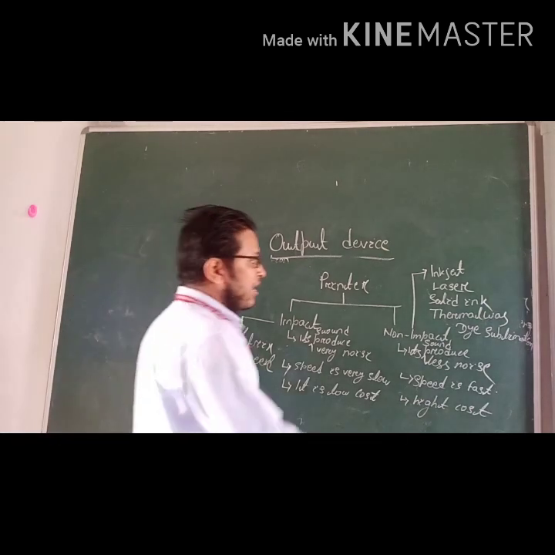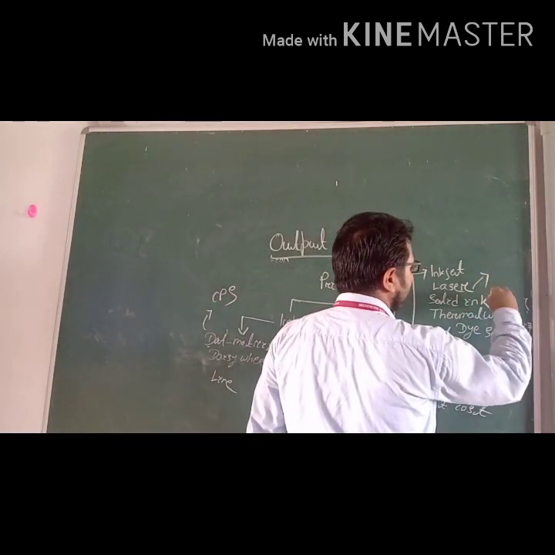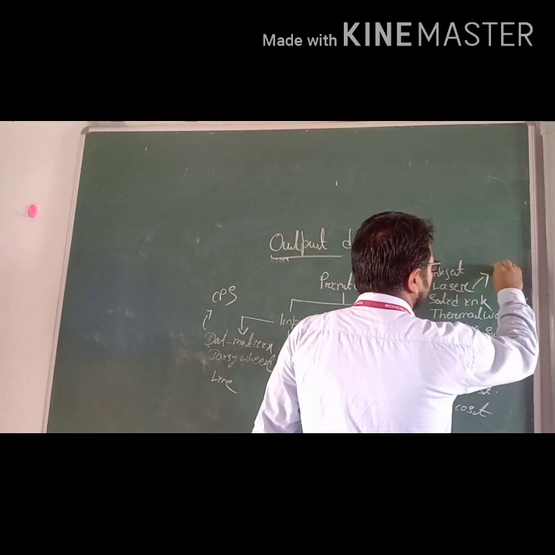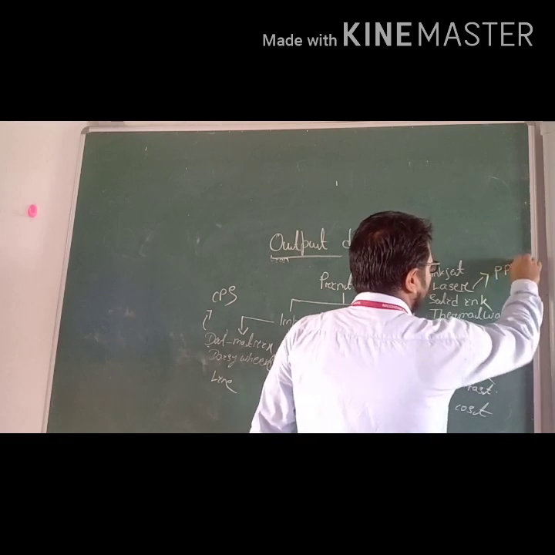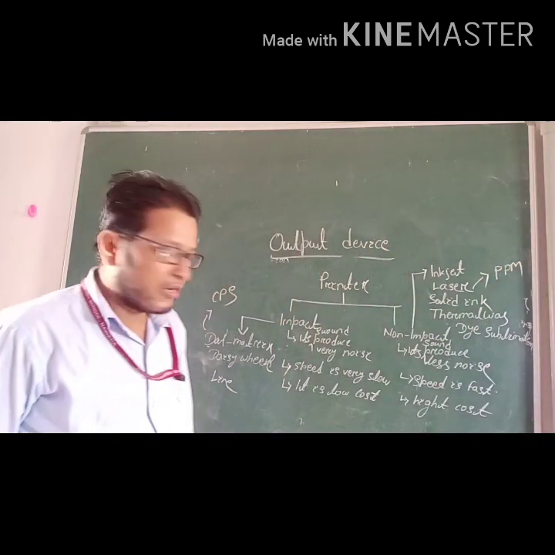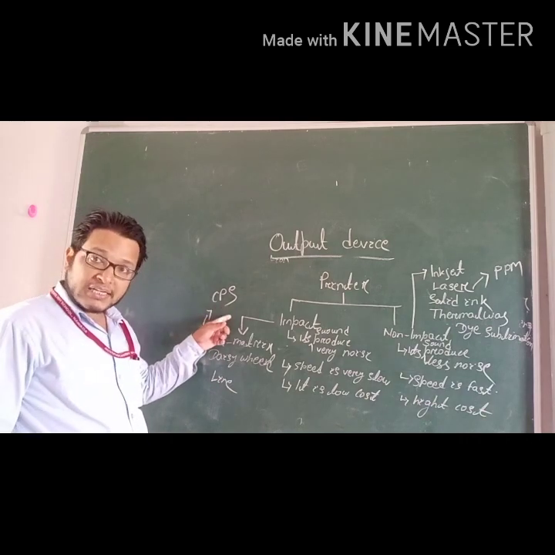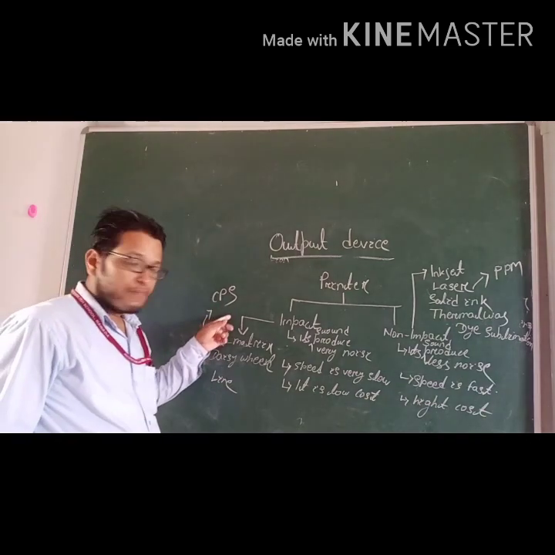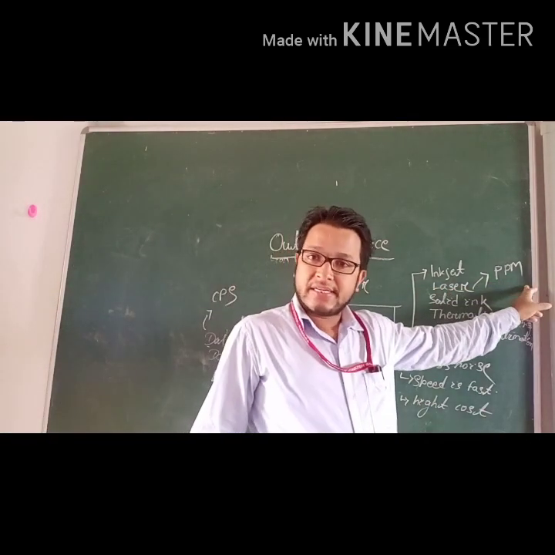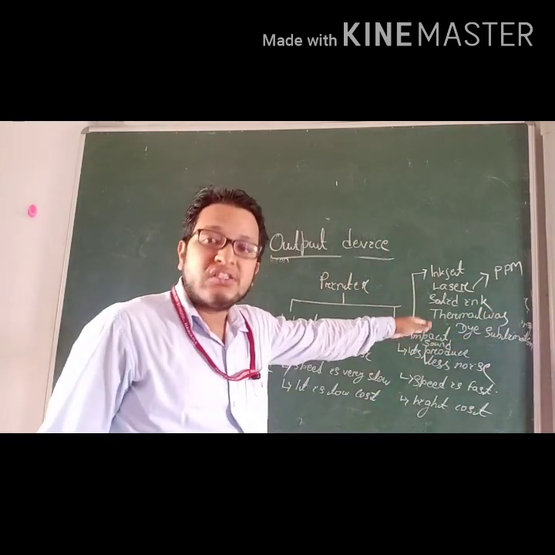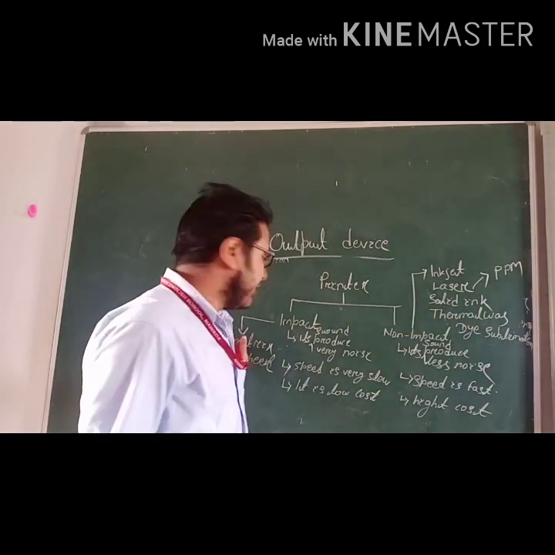In the dot matrix printer, its speed is measured in CPS, characters per second. Okay, student, and the speed of the laser printer is what? PPM, pages per minute. Remember this one, characters per second, and this one is pages per minute. That means speed is very fast as compared with this one.